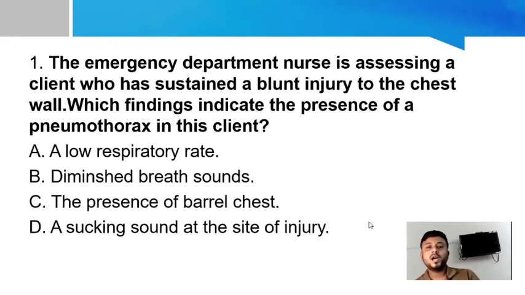So if we have breathing difficulty, there are no chances of a low respiratory rate at that time due to the blunt injury. So we need to know how to eliminate the multiple choices to find the actual answer.